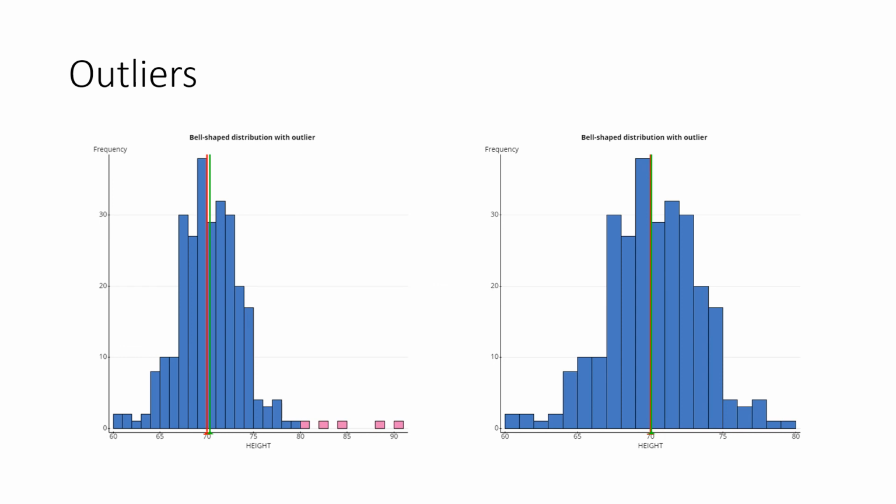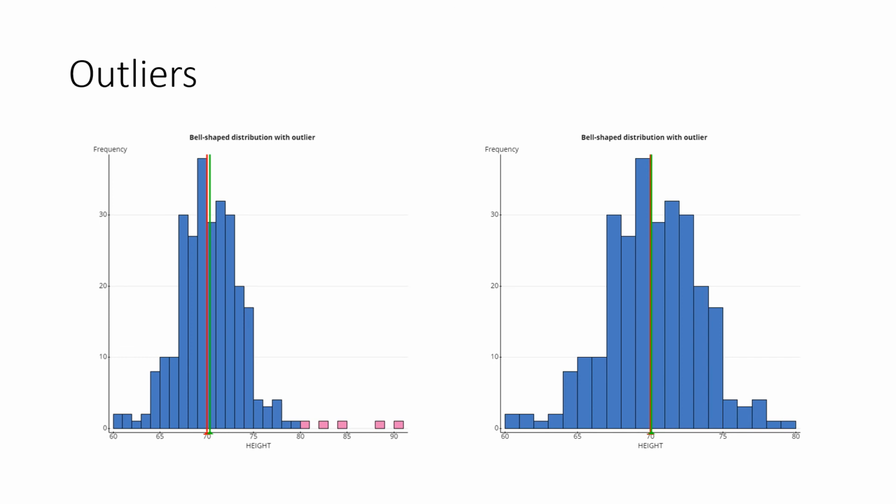Now take a look. We get some change in the shape, but not a huge amount, right? Most of our data values are still in the center, around the middle. But you can see our mean being pulled in the direction of those outliers. Those pink values, our outliers, are pulling our mean. If we look over here on the right-hand side distribution, which does not have the outliers, it has the mean and the median pretty much in the same location.